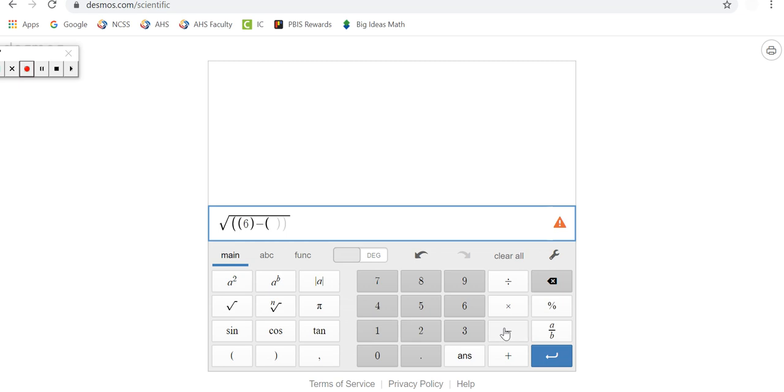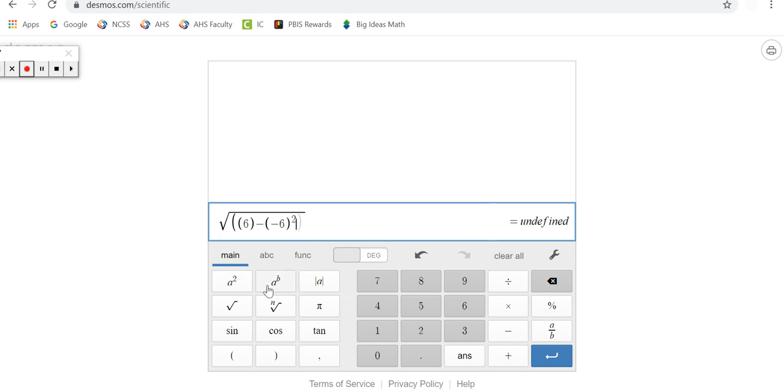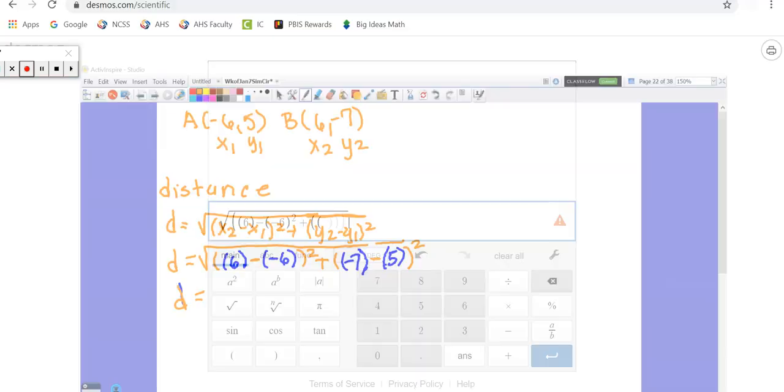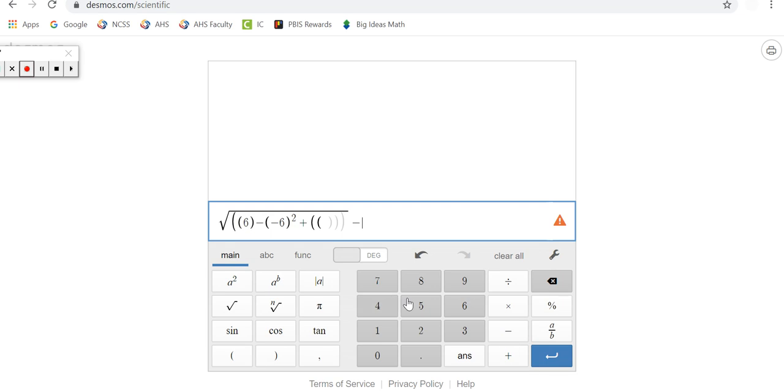And this is the reason why I told you guys to make sure you put parentheses, because this negative makes a difference when you're putting it into the formula. Plus parentheses that's there, and then I need another parentheses, -7. Oops. Make sure you're careful about making sure the cursor is in the right spot, because as you see, it will bounce.